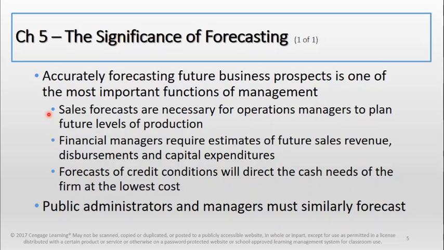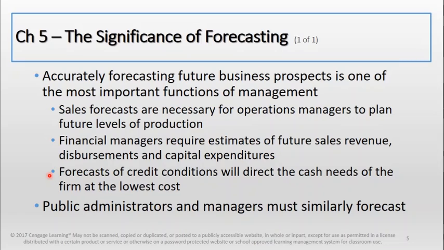Another use is that financial managers require estimates of not only future sales revenue but also disbursements and capital expenditures. Another, forecast of credit conditions must also be made so that the cash needs of the firm may be met at the lowest possible cost.